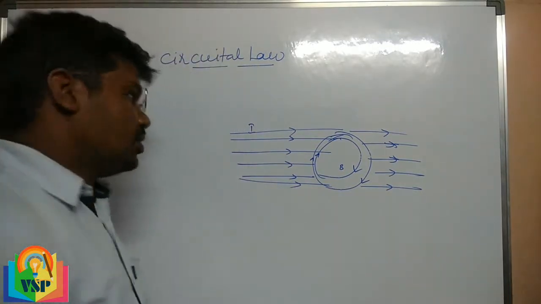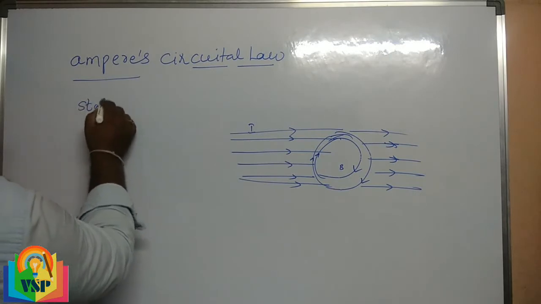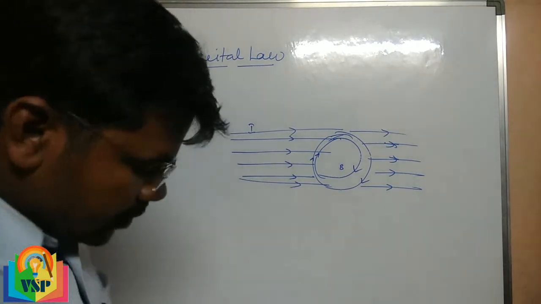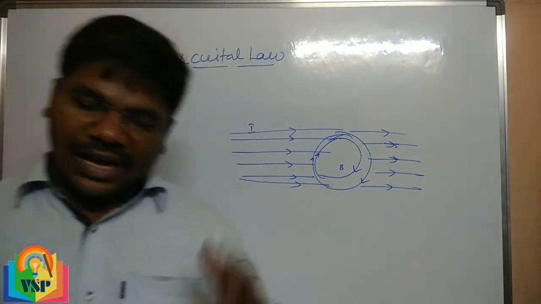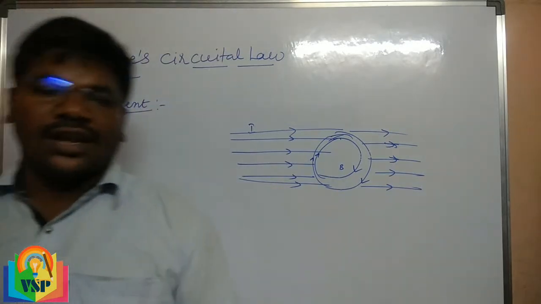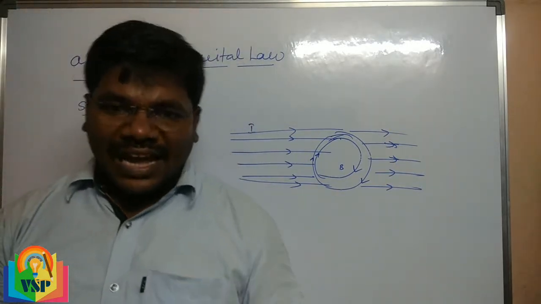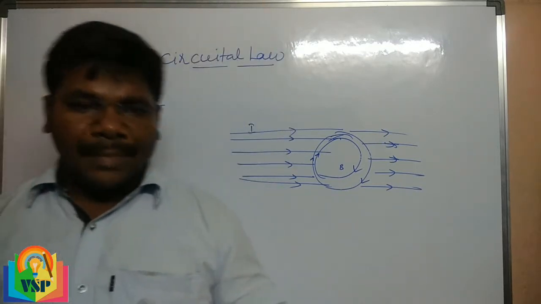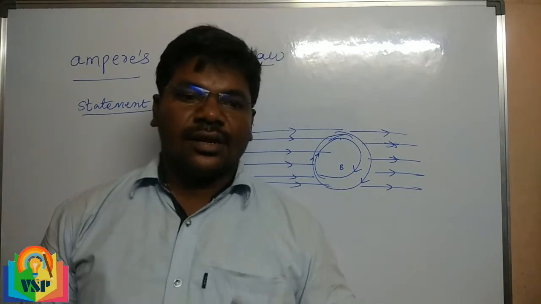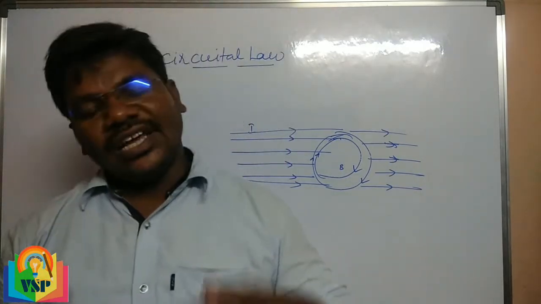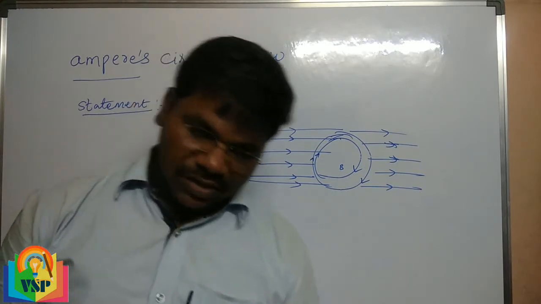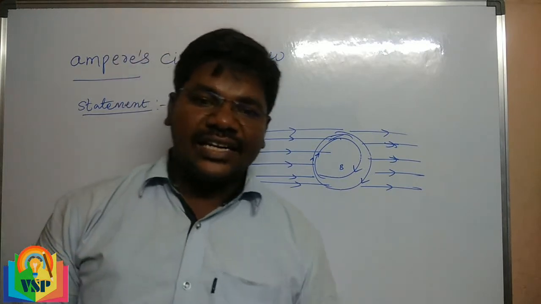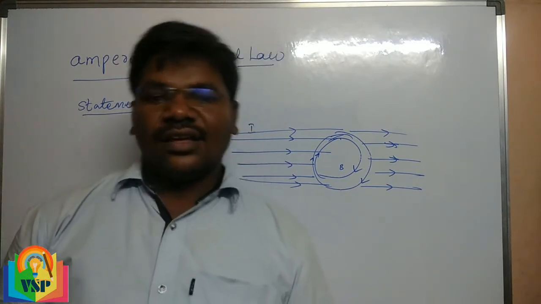Coming to the statement. According to Ampere's circuit law, the line integral of a magnetic field, denoted B, around any closed path in vacuum is mu naught times the net current enclosed by the curve.